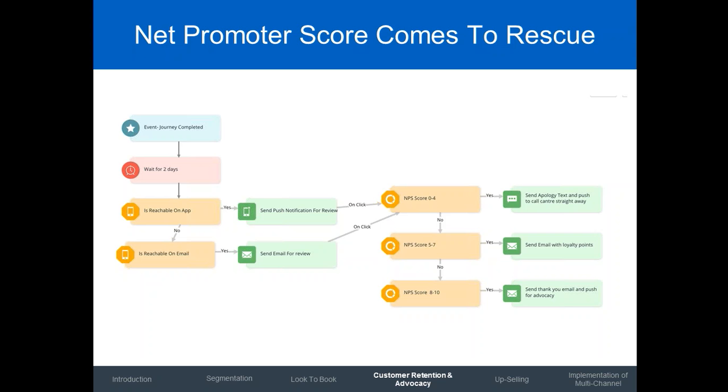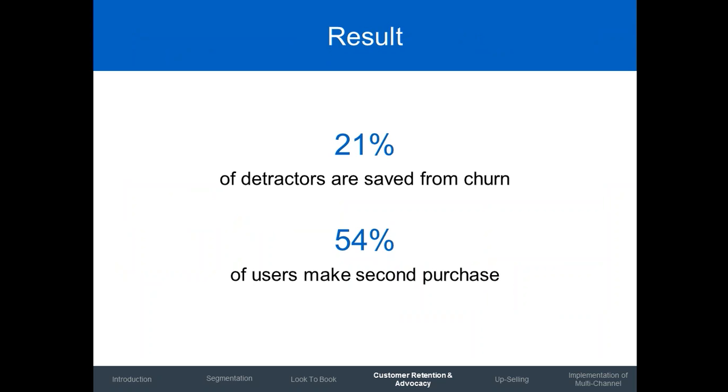So I think using multiple-level marketing channels very effectively could reduce the pain of OTAs in this regard. These are some numbers on how effective it is if you run this: 24% of detractors are saved from churn, and 54% of users make a second purchase.